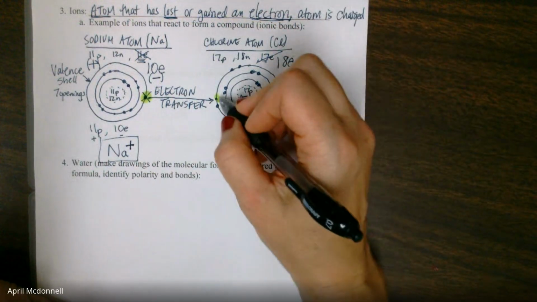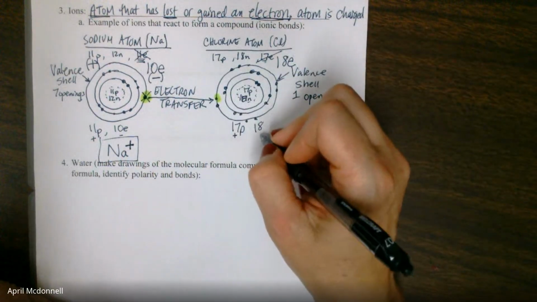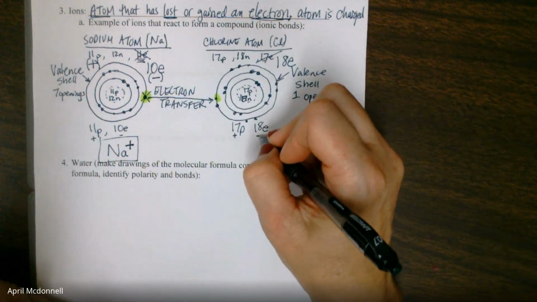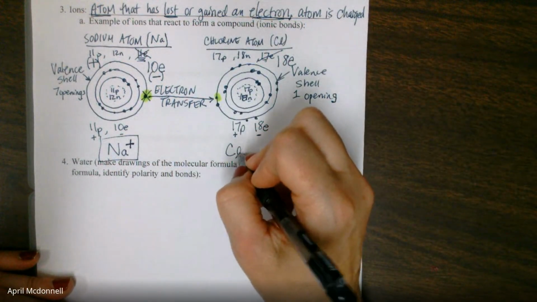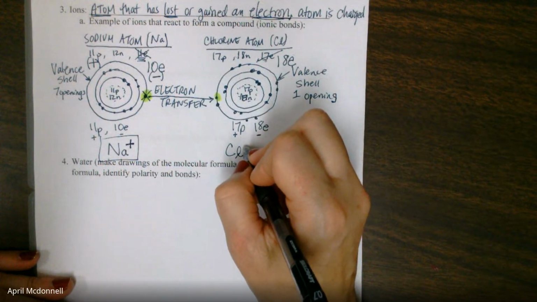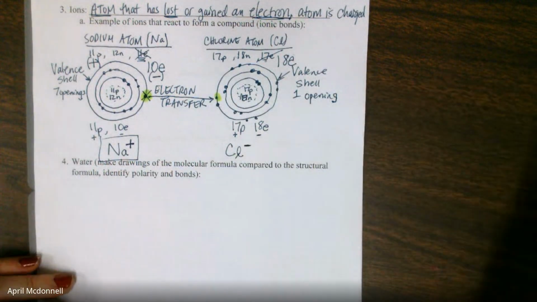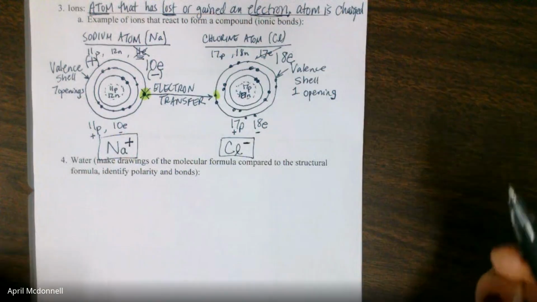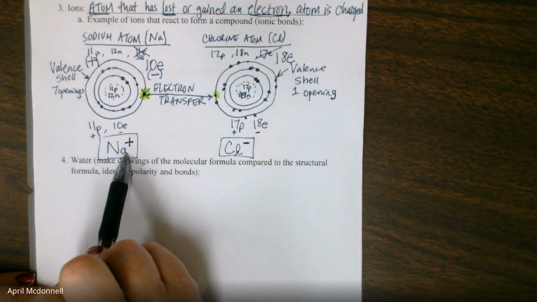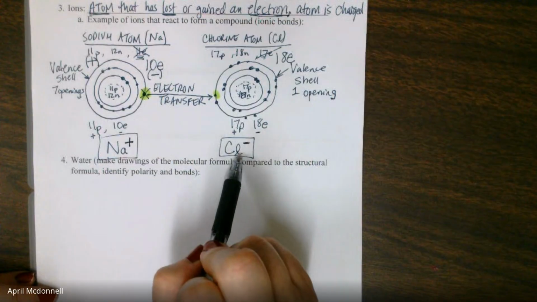But now, since chlorine gained an electron, we have 18 negatively charged particles. So our chlorine gained one electron, which is negatively charged, so we put a negative sign by our chlorine. So again, this would be our sodium ion, and this would be our chlorine ion.